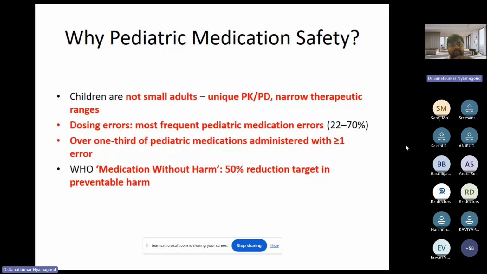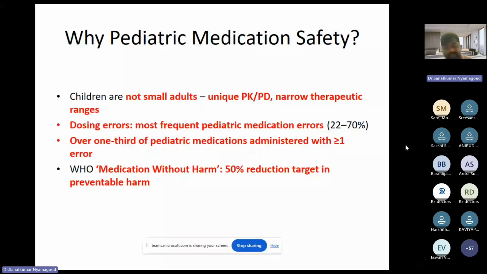The third most important reason why we need pediatric medication safety is that one-third of pediatric medications which are administered have an error, that is, one or more errors in one-third of the pediatric population.